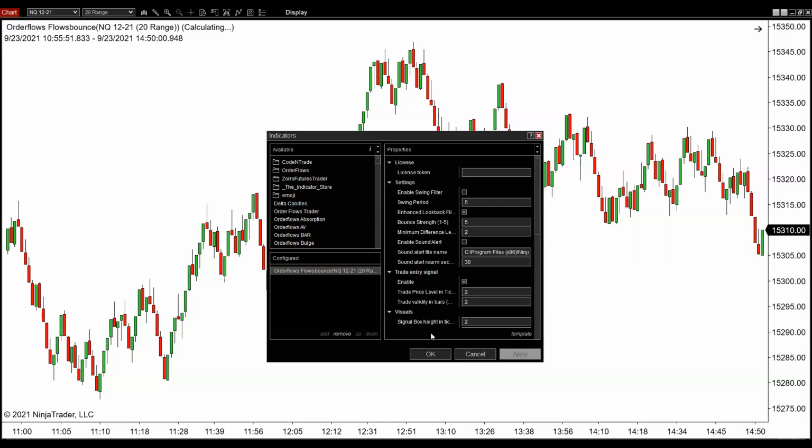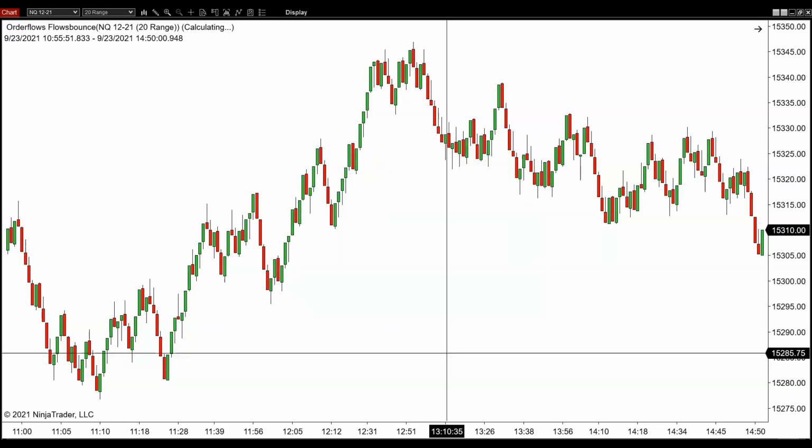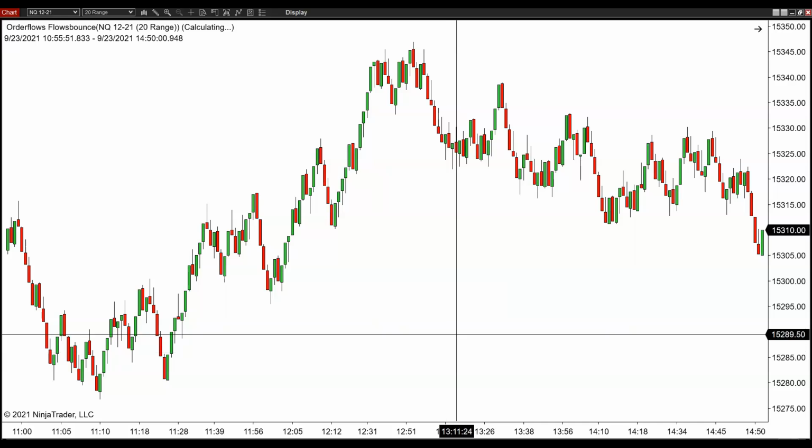So there's price movement occurring in here. Maybe I should throw another look back. Well, if you're using the enhanced look back, you don't necessarily need to use the swing filter as well. You can, but for now, I'll just disable it. Okay, so anyway, let's see how it looks.